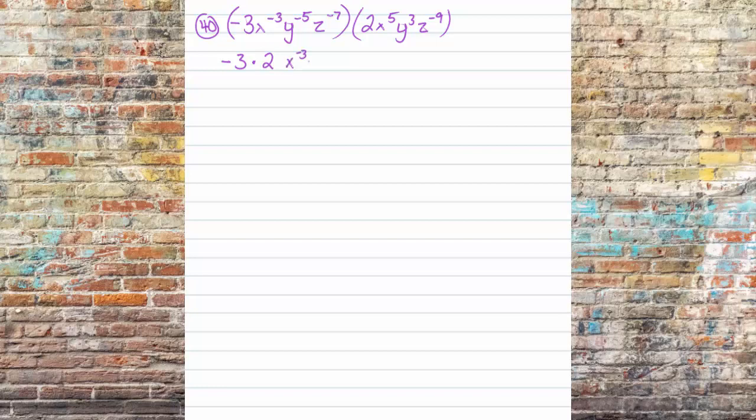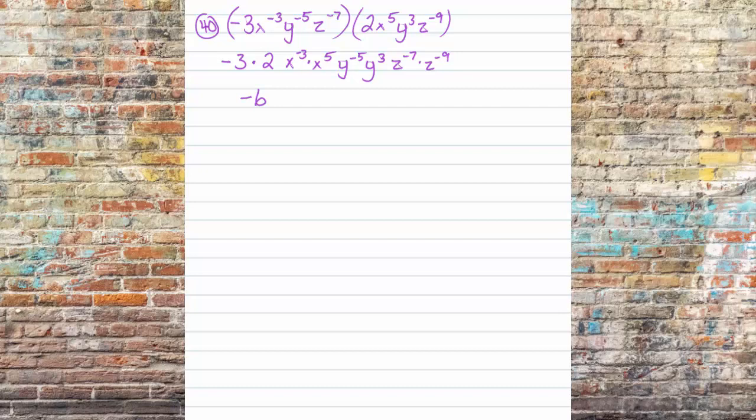X to the negative third times x to the fifth, y to the negative fifth times y to the third, z to the negative seventh times z to the negative ninth. And hopefully you're noticing the reason why I'm doing that is because since I have all these terms next to each other that have like bases, we'll be able to use our product rule quite a bit.